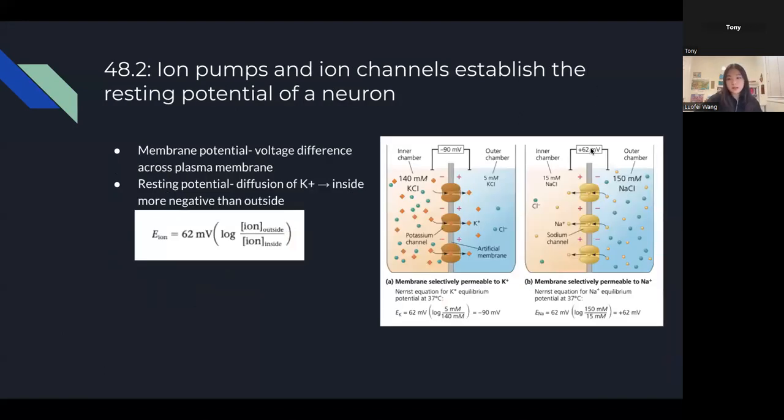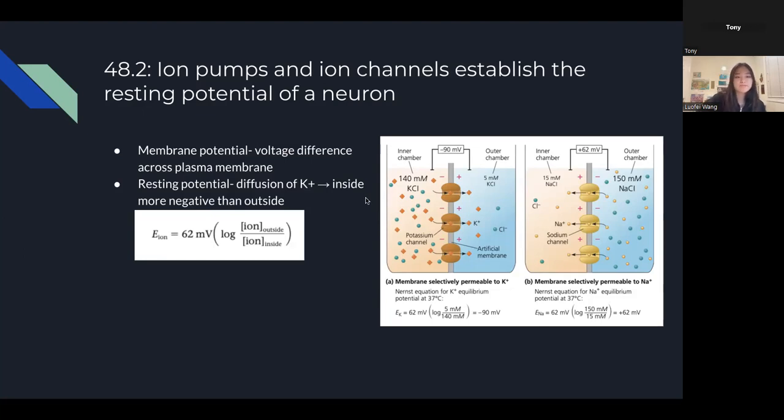Okay, and then neurons transmit their signals through ion pumps and ion channels. Neurons have a natural membrane potential, which is called the resting potential. Basically the neuron doesn't have a neutral charge. Inside of the neuron, it's a little bit more negative than the outside.